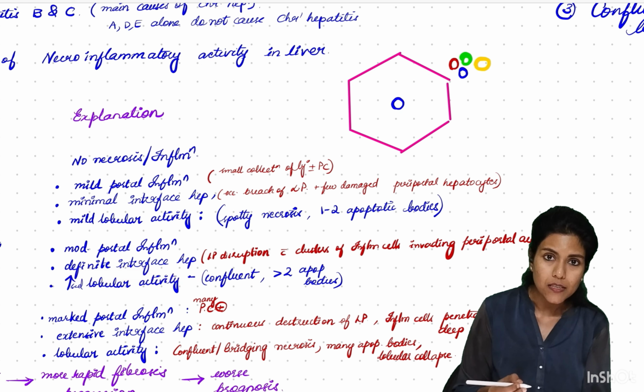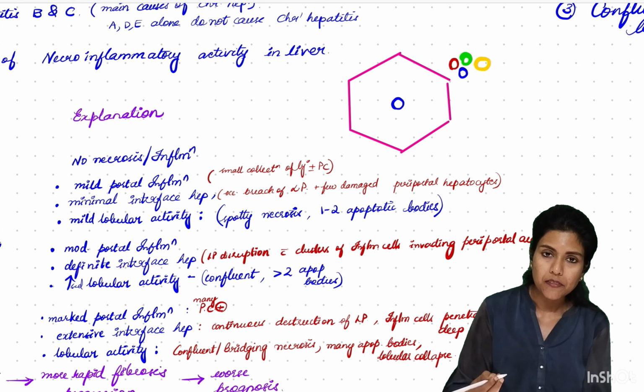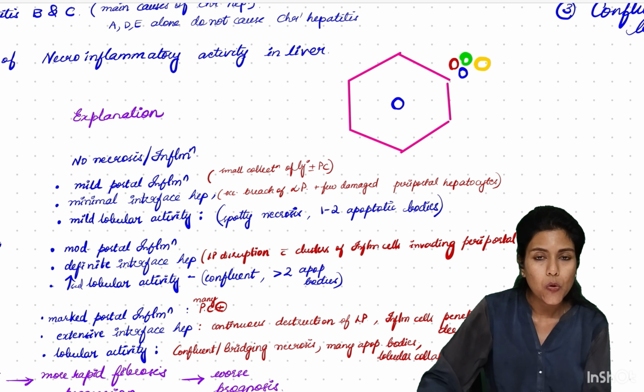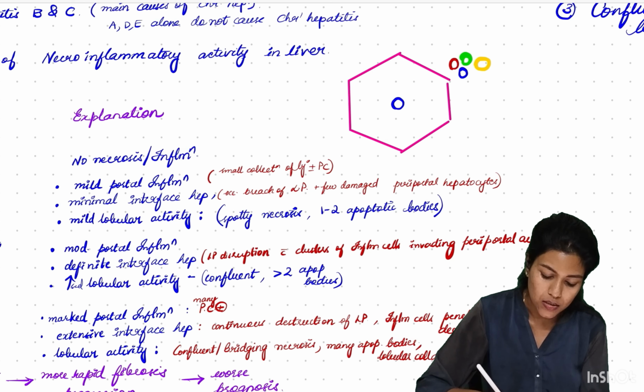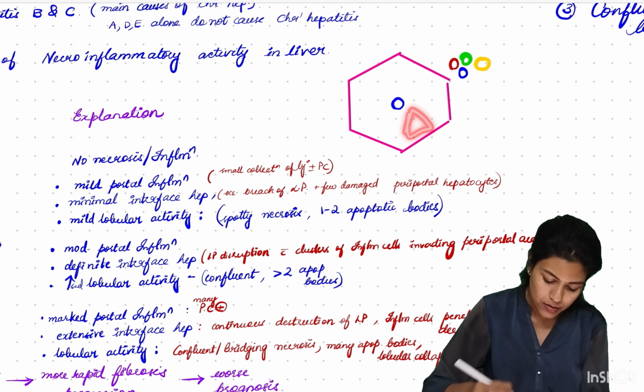Lobular activity will be increased compared to the mild. So lobular activity is increased, meaning a little more than spotty, a little more than one or two apoptotic bodies. A little more than spotty necrosis means confluent necrosis: a cluster of hepatocyte necrosis is called confluent.